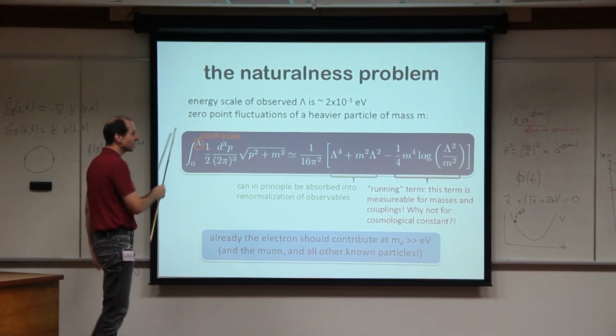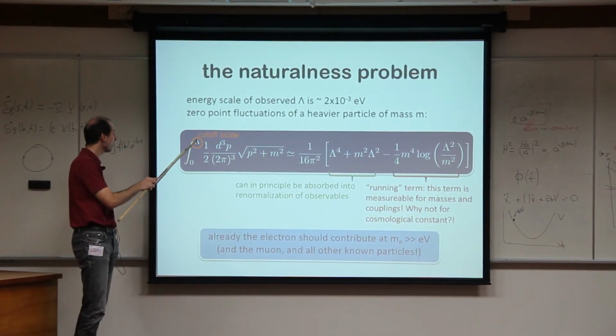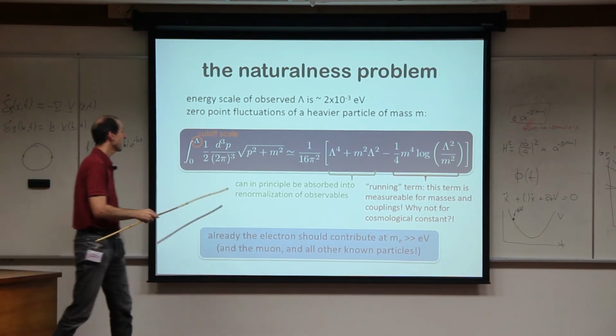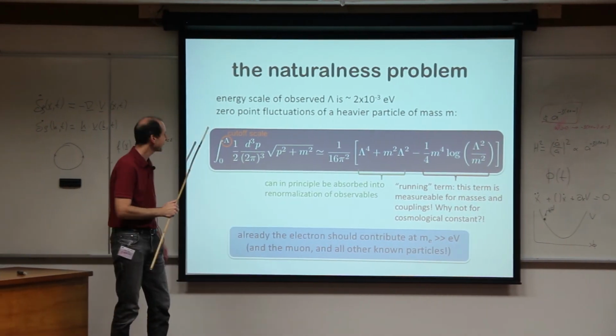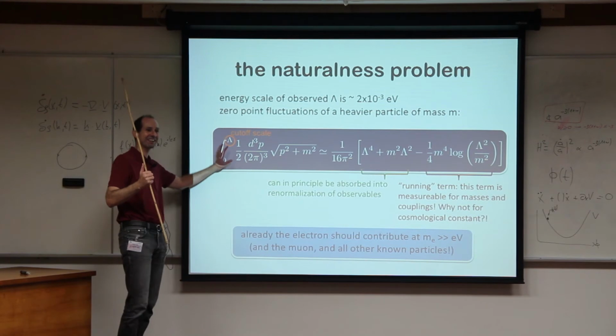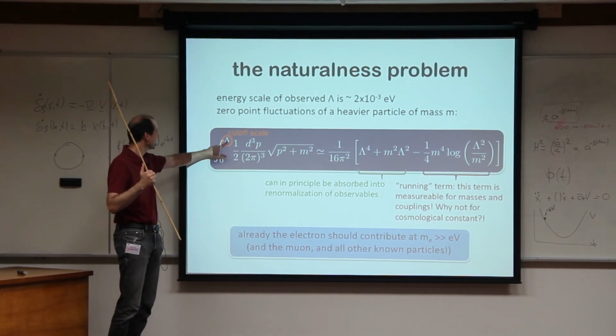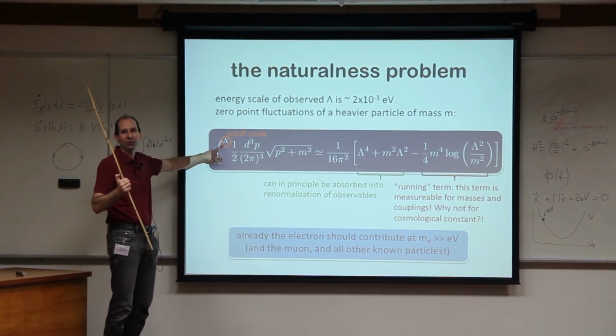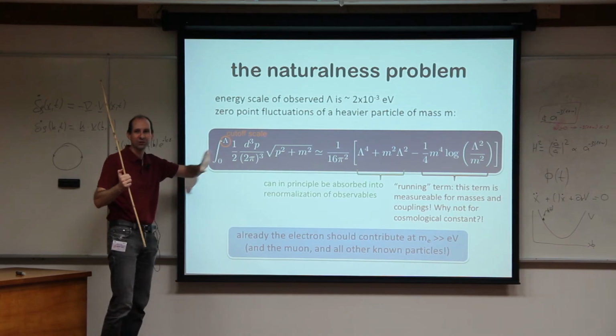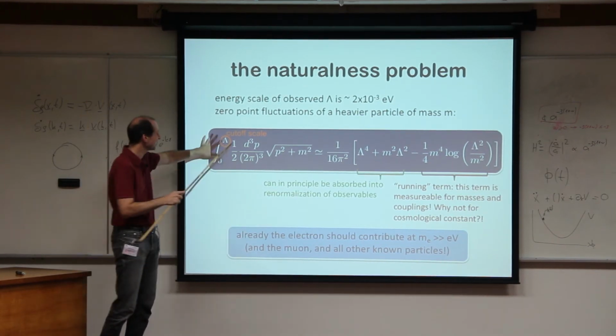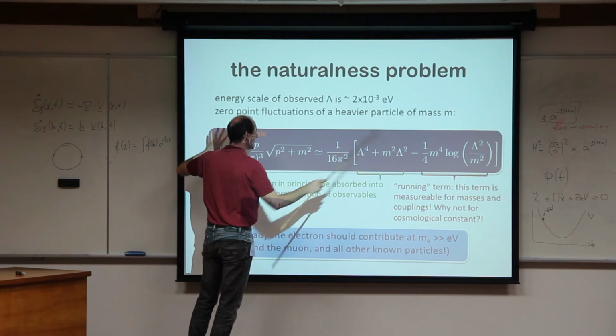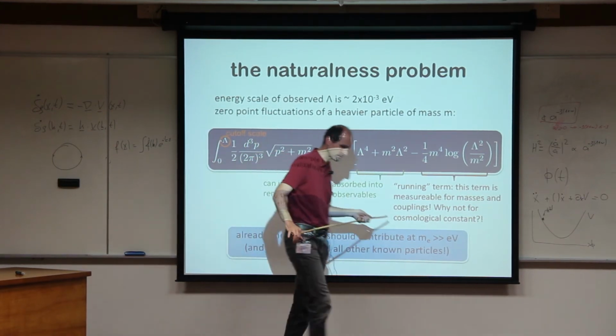And of course this diverges, so you have to cut it off at some scale. And so this lambda here, whenever I show this slide, I say I should change the notation. Unfortunately, the cutoff scale is generically called lambda, exactly like the cosmological constant. It has nothing to do with each other. So the lambda here is the cutoff scale. And so you get this expression.